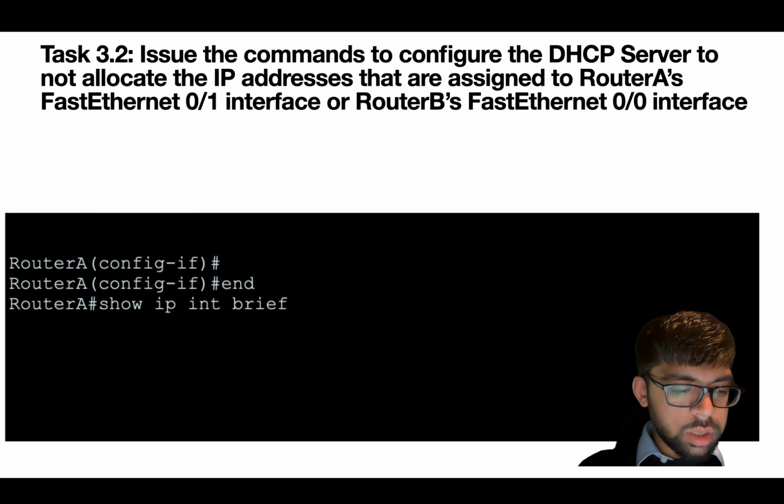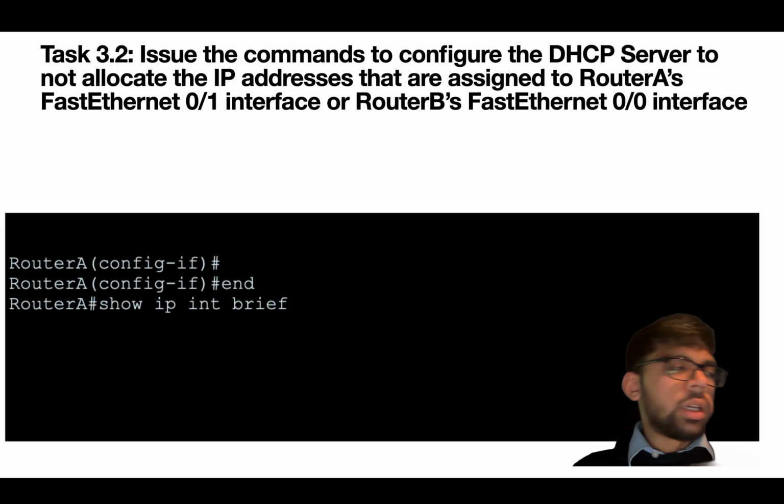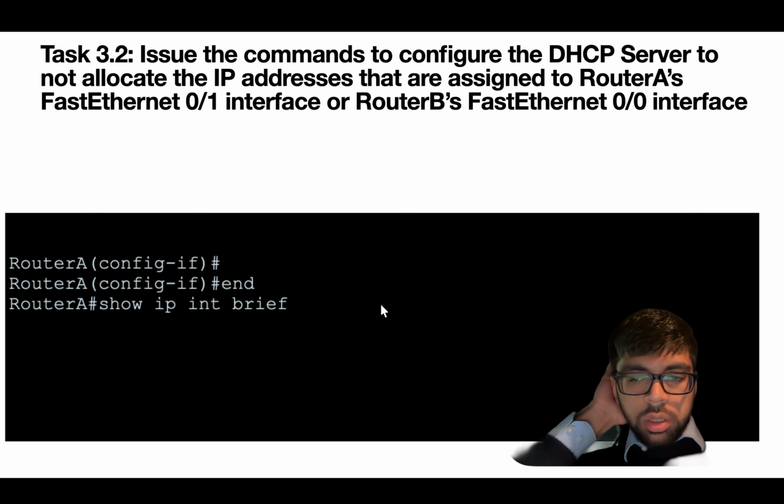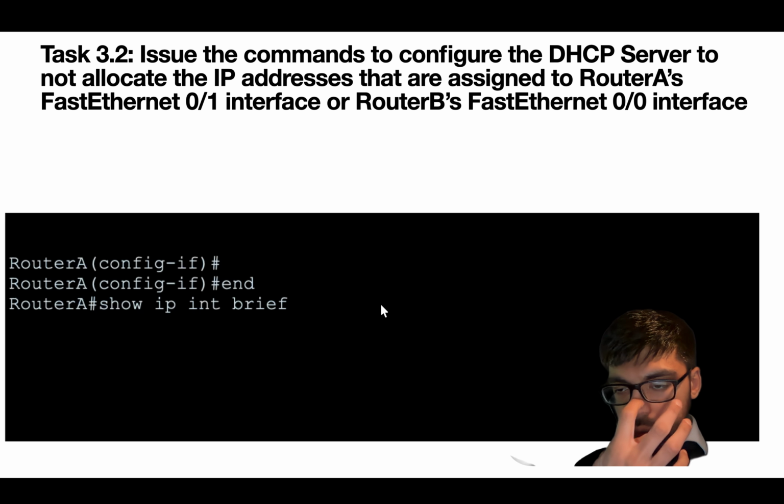So task 3.2, right? What needed to happen was simply ip dhcp excluded-address 172.16.10.17 and 172.16.10.33. That just needed to be configured for both interfaces. That's all we needed to do.